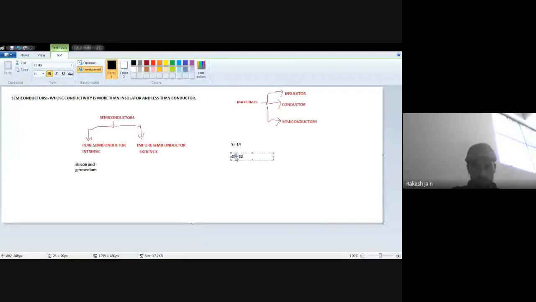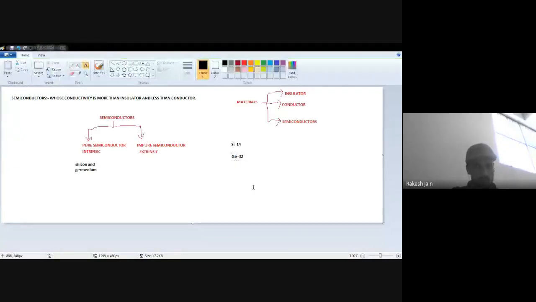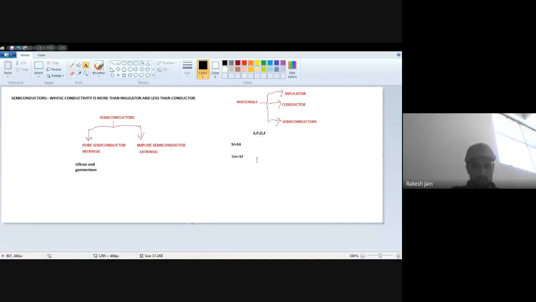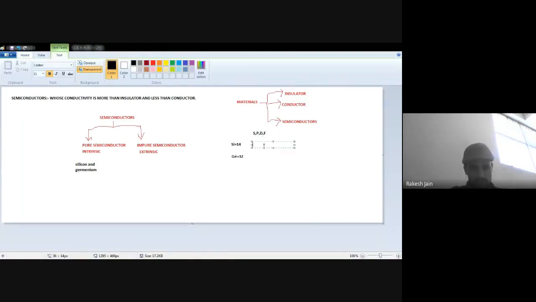So now we see the orbitals of silicon and germanium, because we know that s, p, d, and f are the orbitals present for any element of the periodic table. When you divide the electrons among them, the first orbit is always 1s, the second orbit is always 2s and 2p, the third orbit is always 3s, 3p, and 3d.